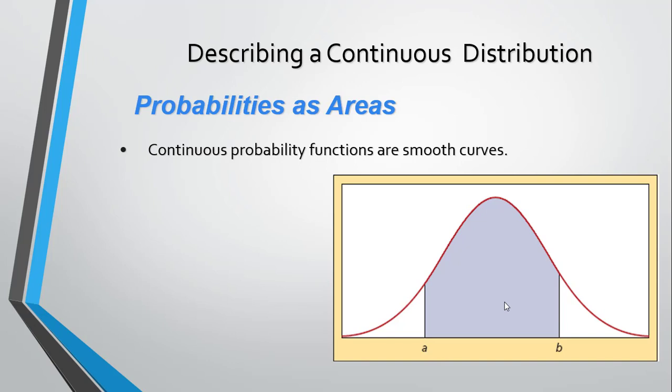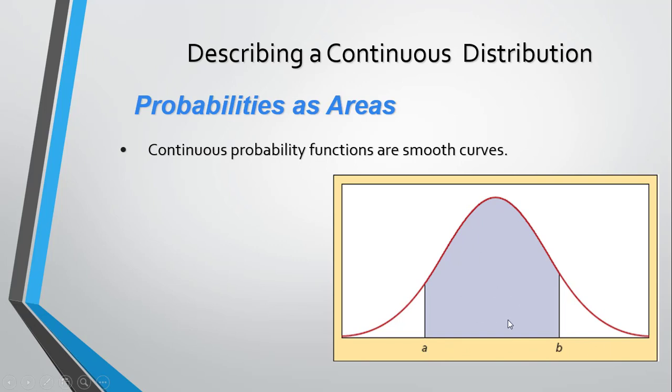As I said, probabilities in continuous distribution functions are areas under smooth curves. You cannot say what's the probability at a point A or point B, but you can define the probability under the curve between A and B, the shaded gray area.